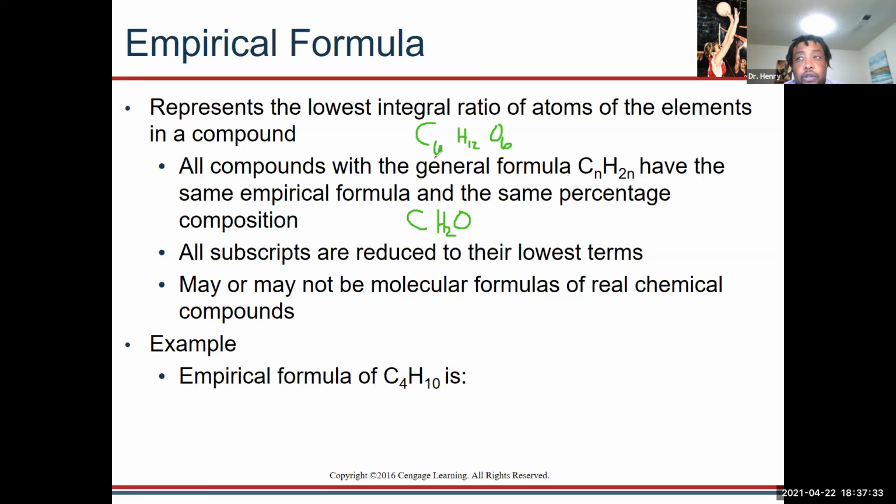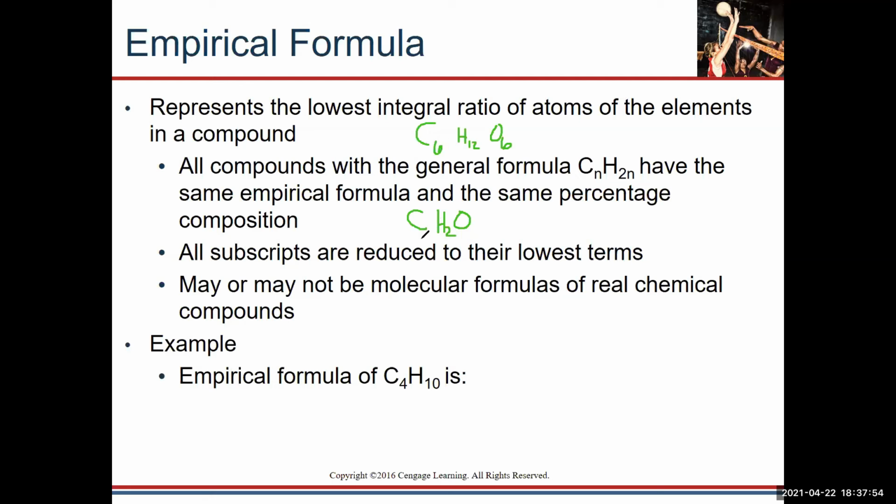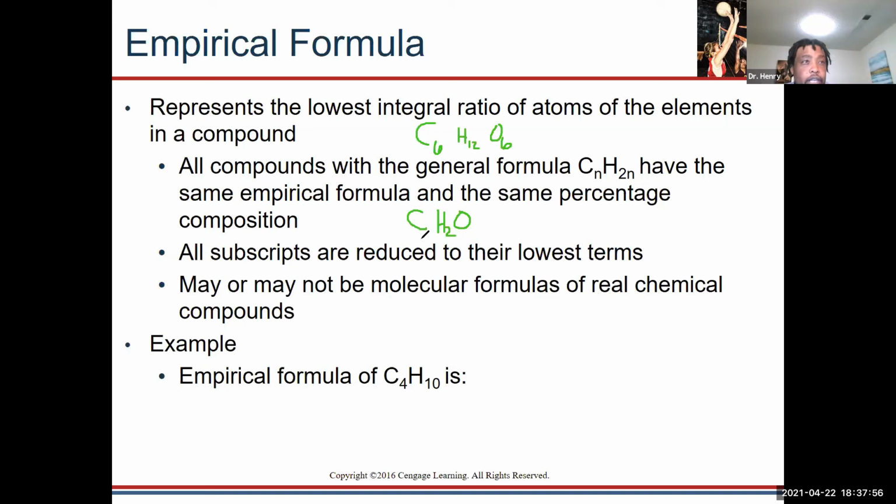If I divide this by 6, that gives me 1, because you can't go any lower than 1 with whole numbers. So it's the greatest common factor. You divide this all by 6 to give the lowest possible integral ratio, so 1 to 1. Does that make sense?